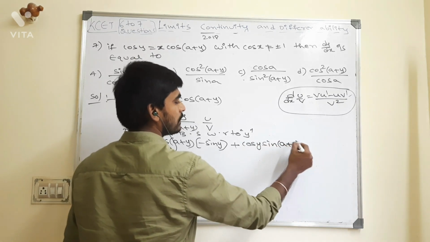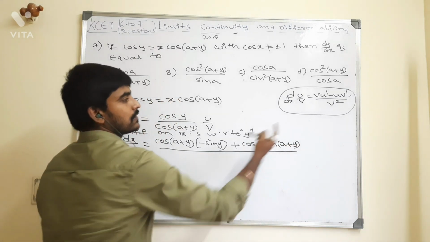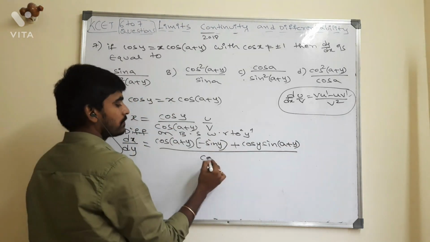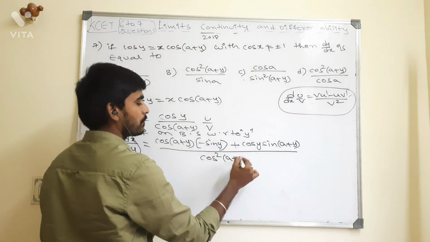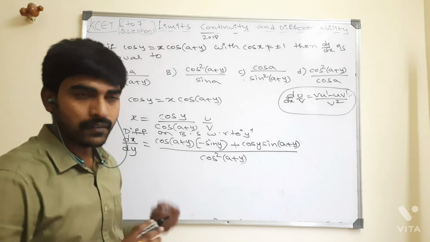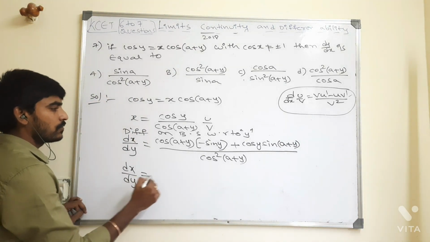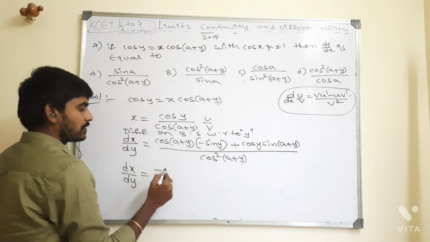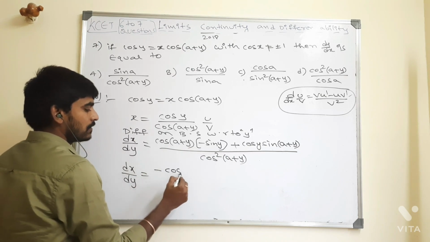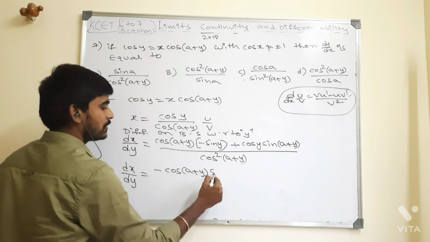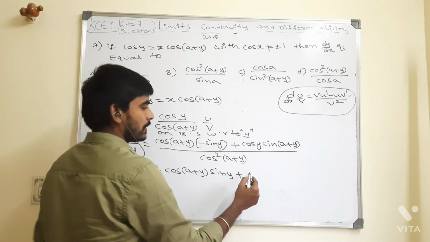Right? After that, dx by dy is equal to minus cos of (a plus y) into sin y plus sin of (a plus y) into cos y, and then the whole divided by cos square of (a plus y).